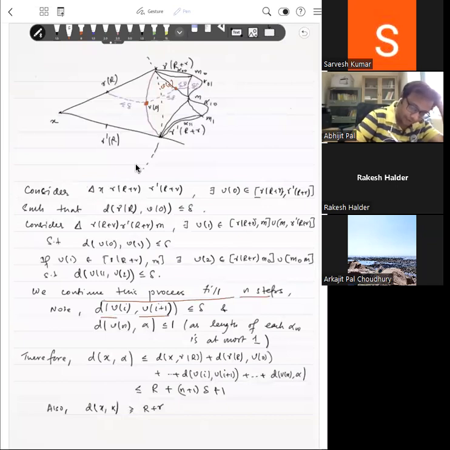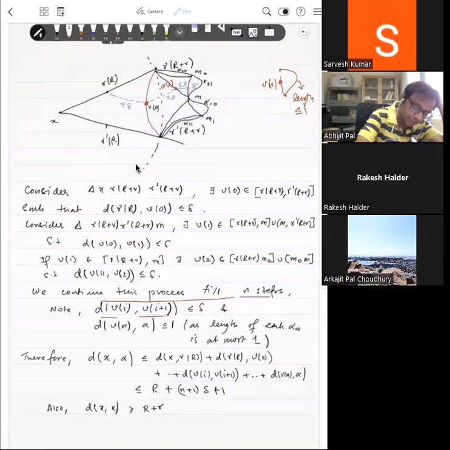After the nth step, the length of this subsegment will be at most 1. And now we have a point on this geodesic, which is this Bn.